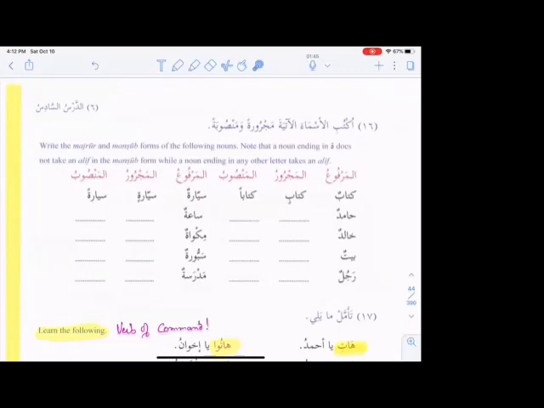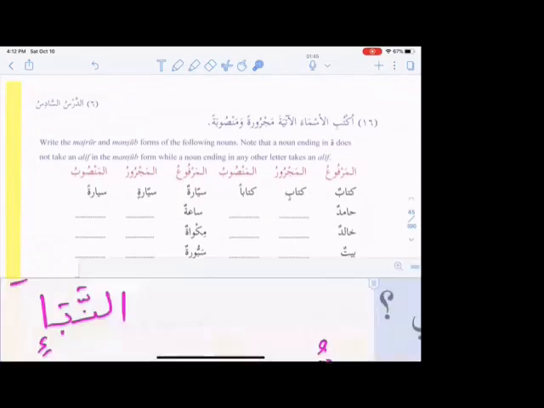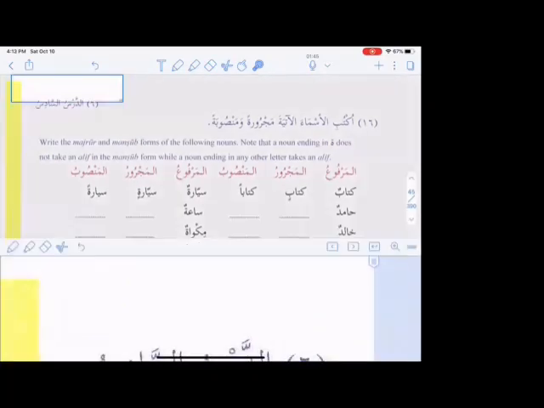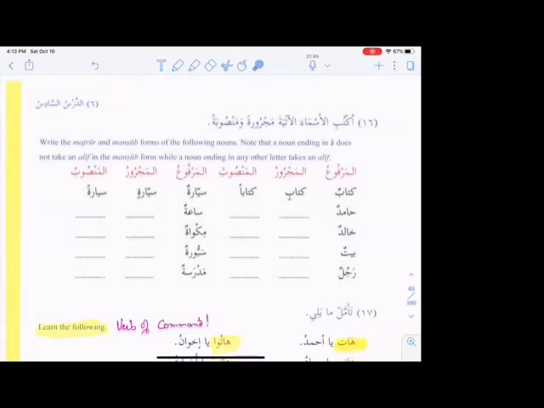But I would prefer to say marfu, mansub, majroor. No problem. Kitabun, kitabin. Hamidun, hamidin. Khalidun, khalidin. Baitu, baitin. Rajulu, rajulin. And then kitaban, hamidan, khalidan, baitan, rajulan. Did you see here? Kitabin, hamidin, khalidin, baitin, rajulin.